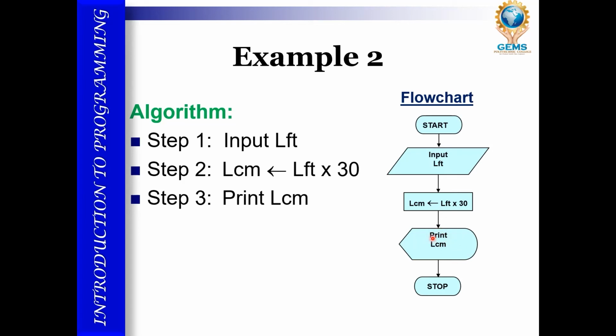Now print the value L in centimeter. Then finally the program will stop. So this way the algorithm and flowchart will work out. I hope, my dear students, it is very clear to you: the algorithm, and then the same algorithm represented on the flowchart.